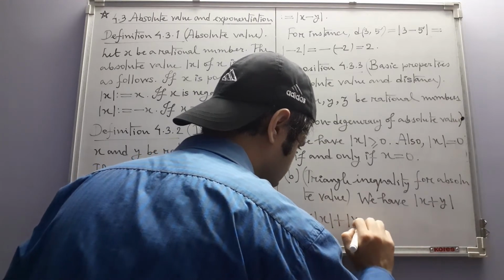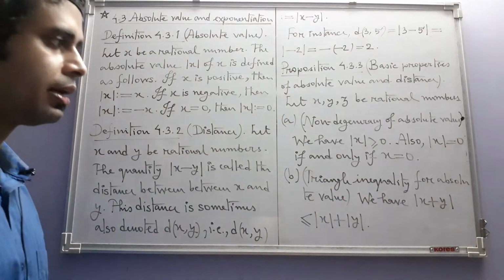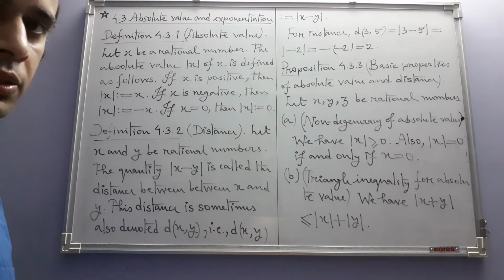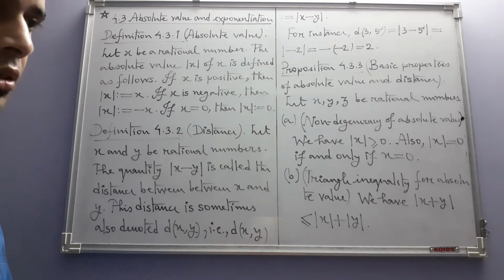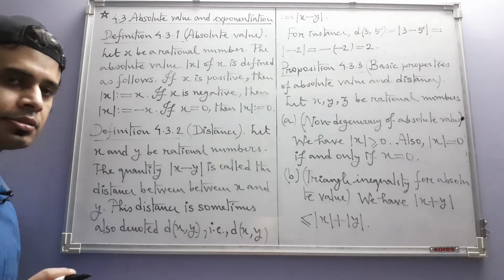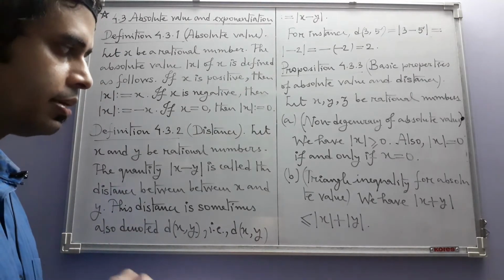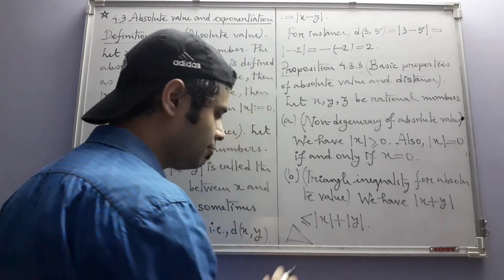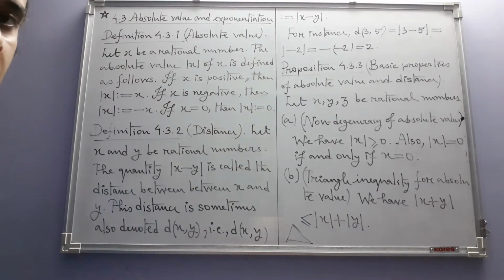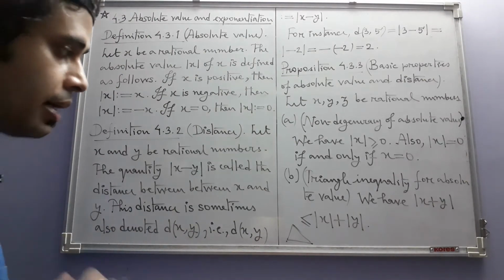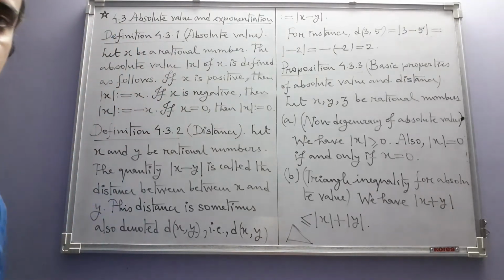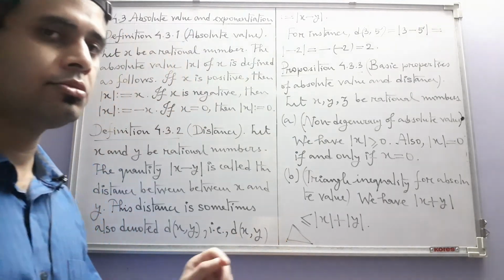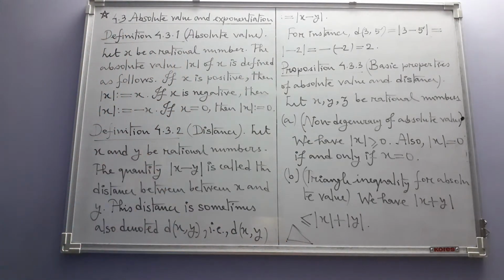The name triangle inequality stems from the situation in plane Euclidean geometry, where if you have a plane triangle, you know a geometric property of plane triangles is that if the triangle is a normal triangle like this one, where the three vertices are not lying on a same line, that is if they are not collinear, or in other words if the triangle is non-degenerate, it's a normal looking triangle, then the sum of the lengths of any two sides is greater than the length of the third side.